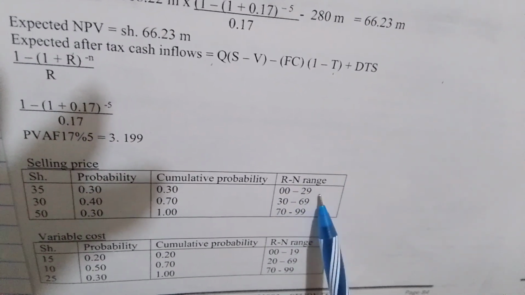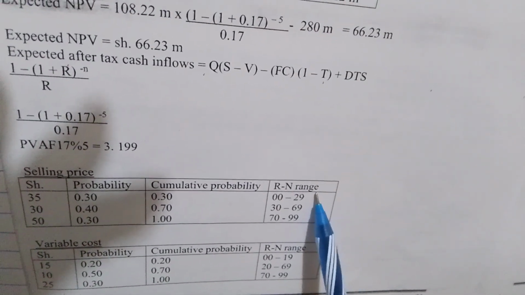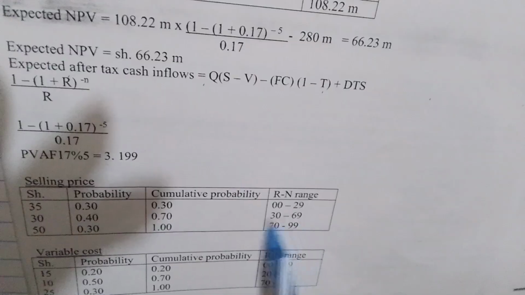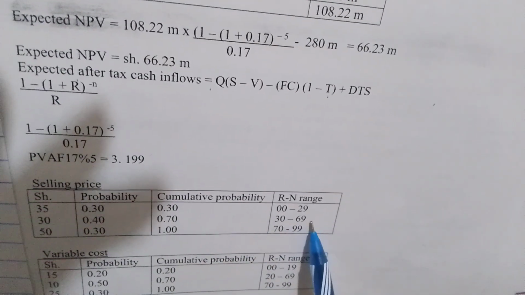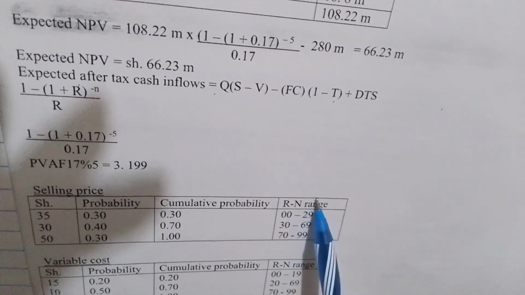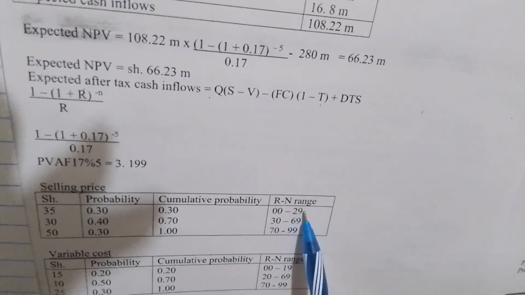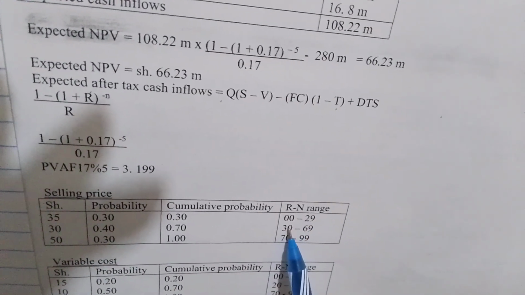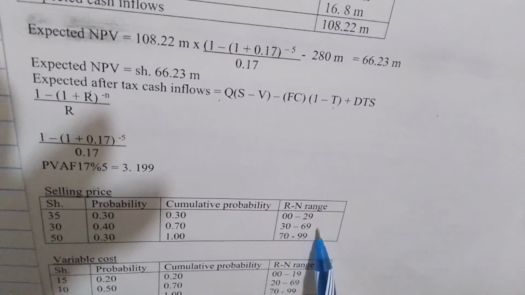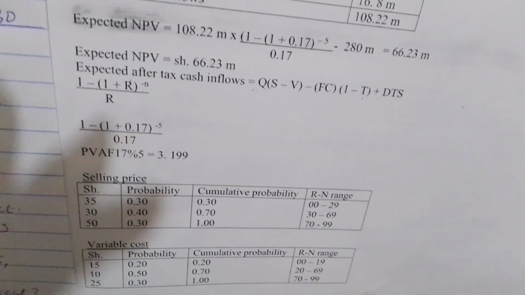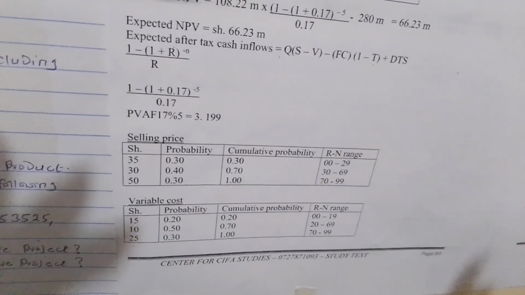So 29 is your upper limit. Then 70 minus 1, 69. Then 100 minus 1, 99. You have established your upper limits. To get the lower limit, you just add 1. So 29 plus 1 is 30. 69 plus 1 is 70. So you have your ranges there. So you are through with that first table.